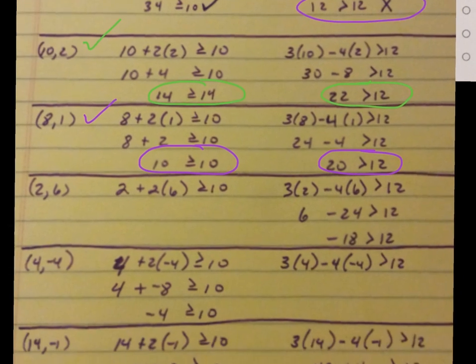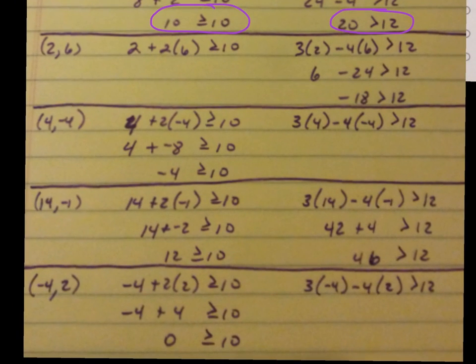Let's go ahead and move this up a little bit further. And 2,6, I just did the right-hand side here, and I got negative 18 is greater than 12. That is false, so therefore it is not a solution. 4, negative 4, I only had to do one of them, and negative 4 is not greater than or equal to 10, so that is not a solution.